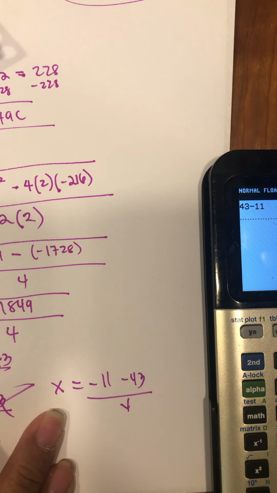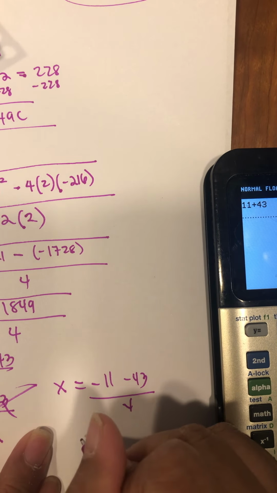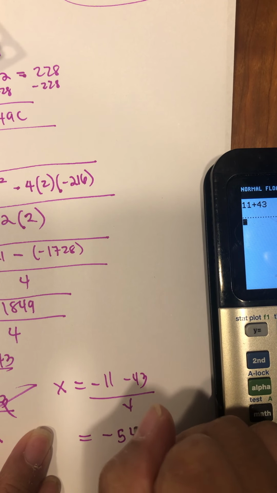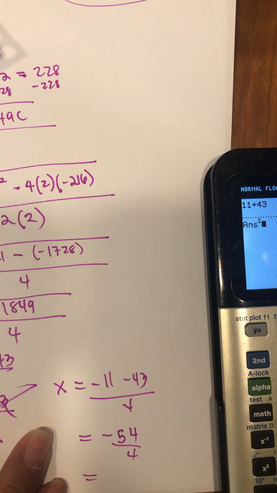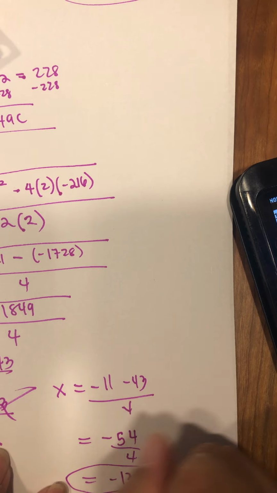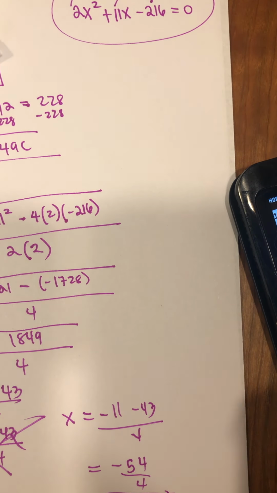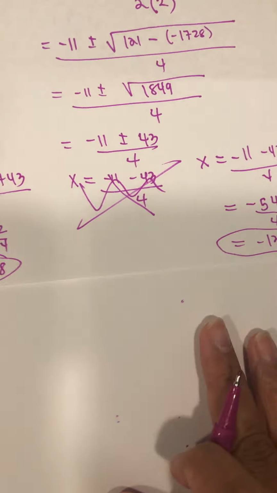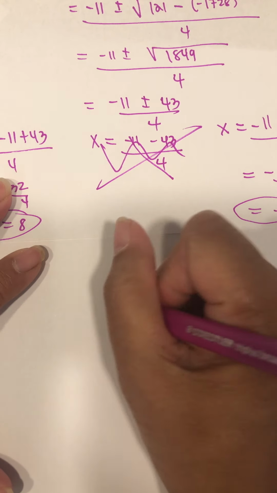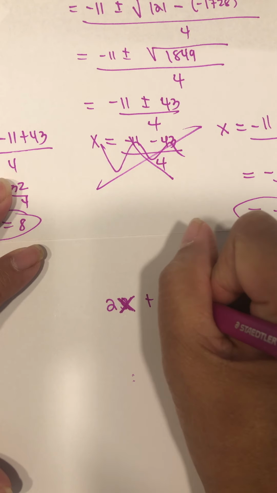Next one is negative 54 over 4, which is negative 13.5. Now, the reason I am not ruling this out right away is because this is just the value of our S. If we look over here, the top is 2S, but I have got to use x, so 2x plus 3.